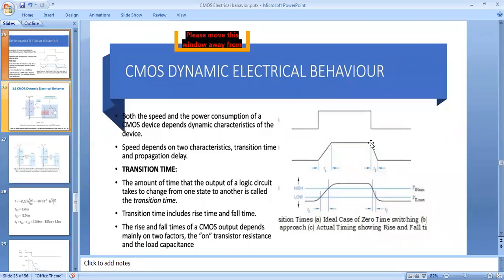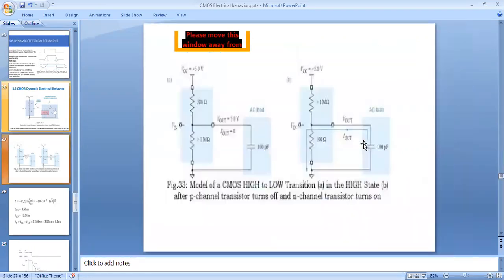To calculate fall time, our CMOS inverter circuit output is at high state. To get a high output, what is the input for the inverter?